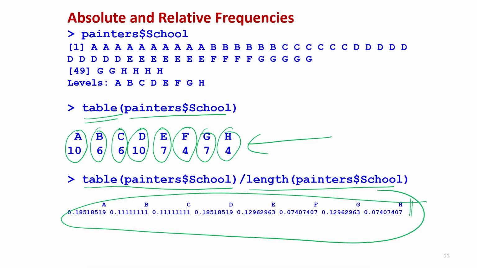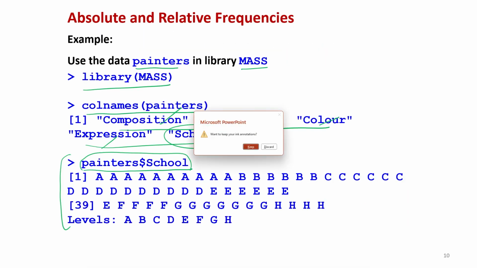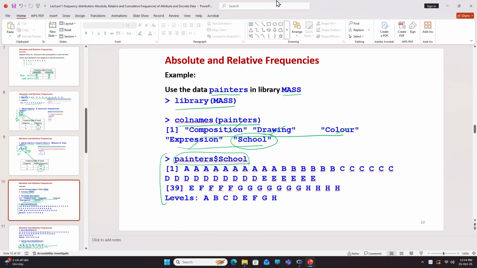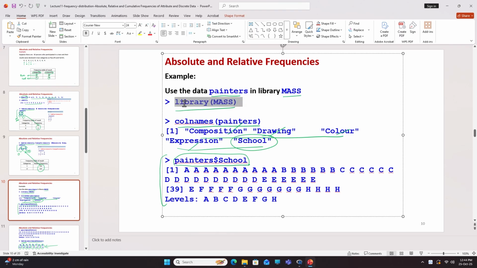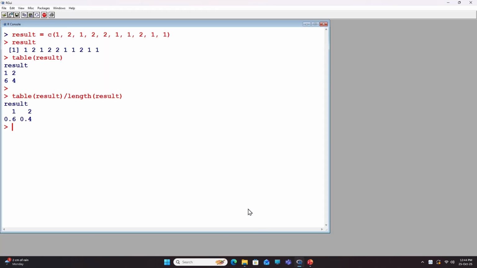So you can see it is a very simple thing actually. Now let me try to show you these things on the R console also. First let me load this library.